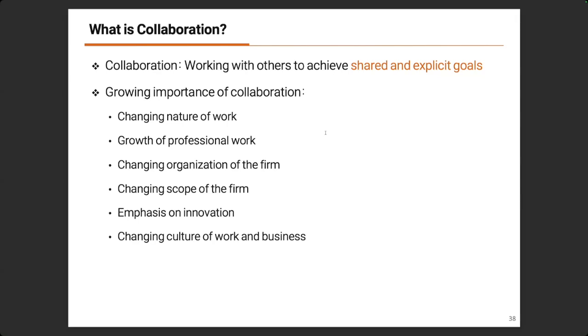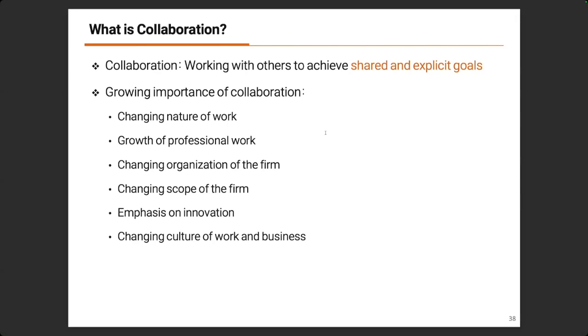The nature of work has changed from traditional factory manufacturing, when each process occurred independently, to today's work, which requires closer coordination and interaction among parties involved in production or in the organization.